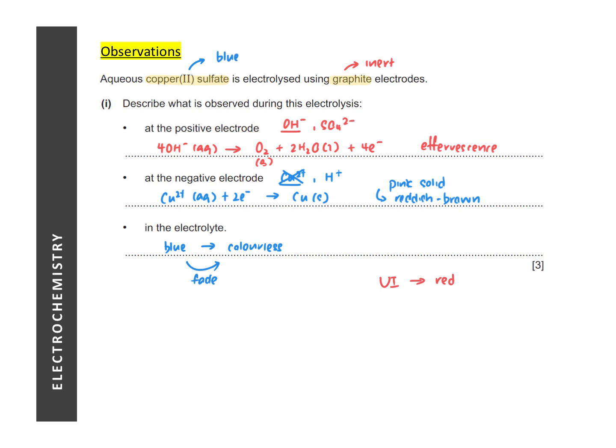If you look at the ions remaining in the electrolyte, meaning those that are not discharged, you have hydrogen, you have sulfate, which makes the electrolyte sulfuric acid. Or if you just look at the hydrogen ions remaining, it would mean that the solution is highly acidic, therefore it would appear red when universal indicator is added.